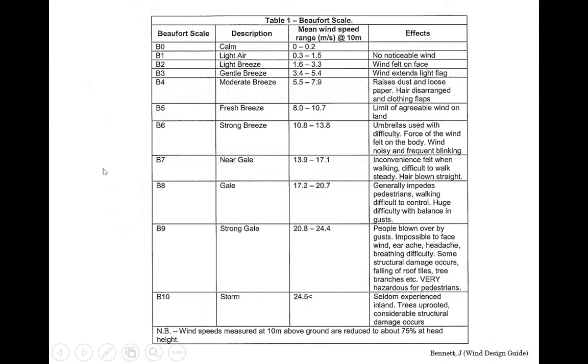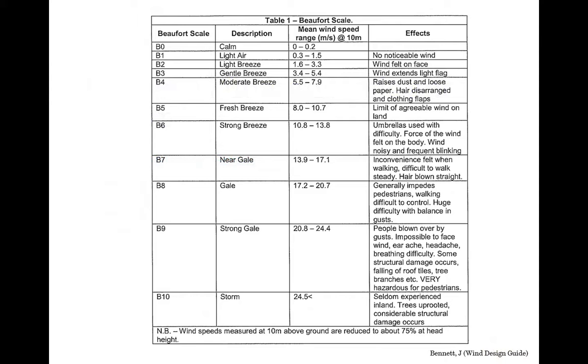So if we look at the Beaufort Scale here, you've got a grade down the first column from B0 to B10 and a description. So for example, B5 is described as a fresh breeze. Then we've got the corresponding wind speed in meters per second, and that's measured at a height of 10 meters above the ground. So in an urban situation, that would be measured 10 meters up.